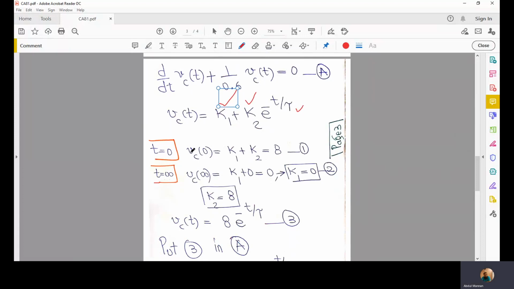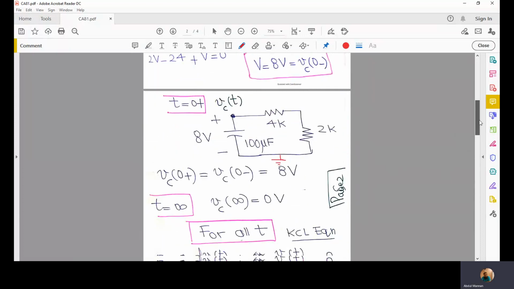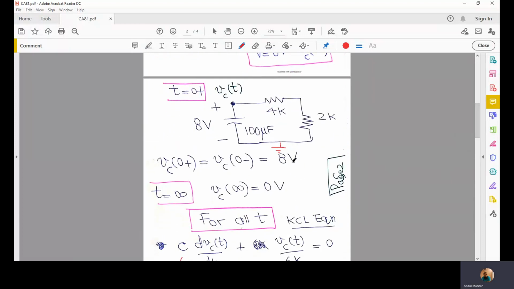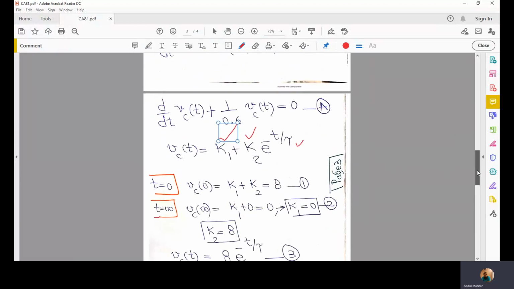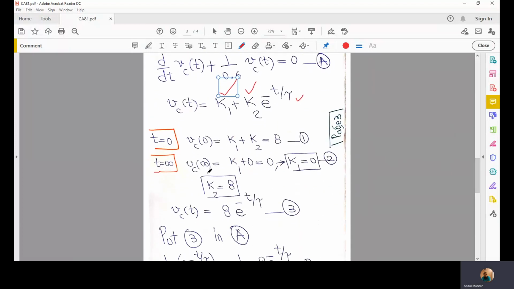Putting the initial condition, Vc of 0 is k1 plus k2, because putting t equal to 0, e to the minus 0 is 1. So k1 plus k2 is Vc of 0. What is Vc of 0? Vc at 0 is 8 volts. So k1 plus k2 is 8. But Vc at infinity is 0.